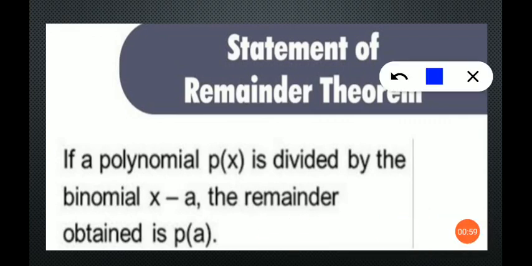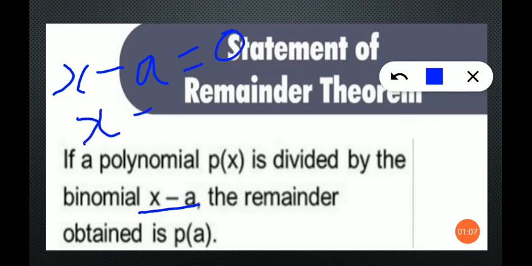If we are dividing by a binomial, we will take that binomial x minus a equal to 0 and we get x equal to some number a, and then we put that value of x in the polynomial to find the value of the polynomial at x equal to a, and whatever value p(a) is obtained, that will be the remainder of the polynomial p(x) when it is divided by x minus a.